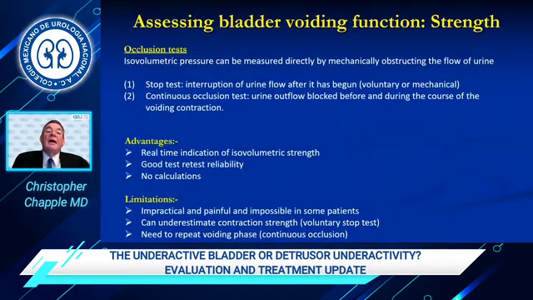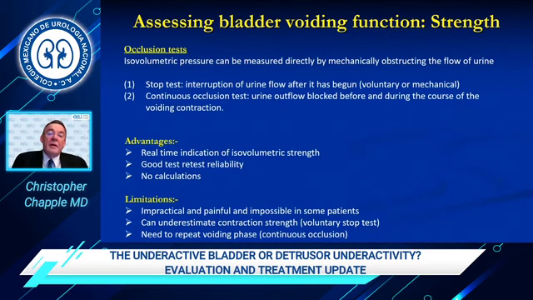What about other ways of looking at voiding function? Of course, you've got the occlusive test where you can squeeze the penis with a cuff, but the problem here, of course, is that it has the limitations of being impractical. Of course, you can't use it in women. It may be painful, and it may be difficult in some patients who can't tolerate it.